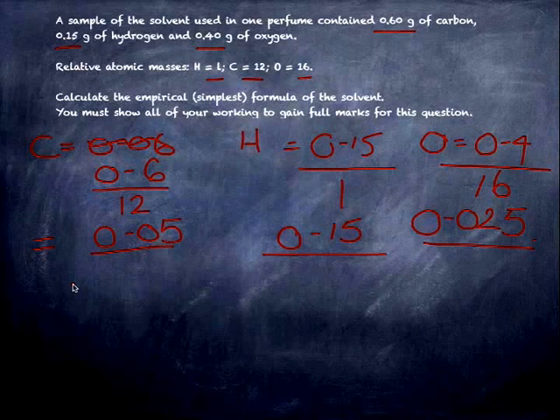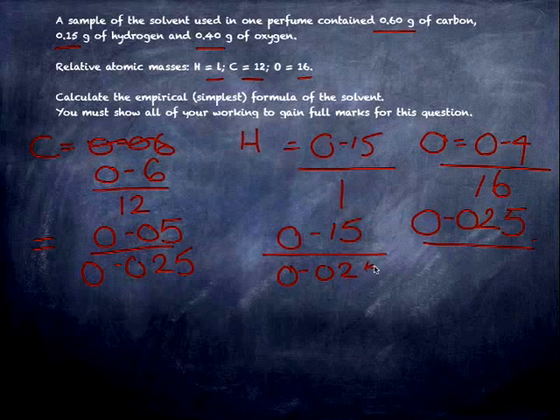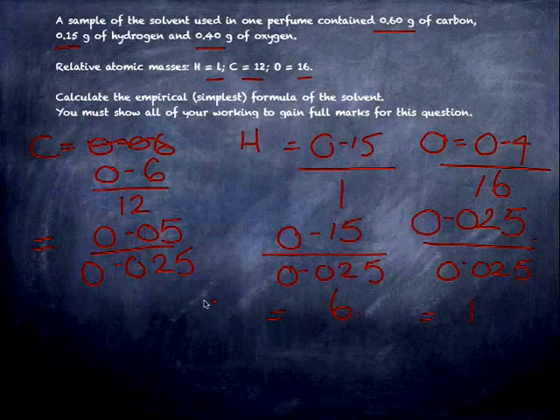So what we need to do then is divide everything by the 0.025. So we have a ratio of 1 here. The 0.15 divided by the 0.025 works out at 6.